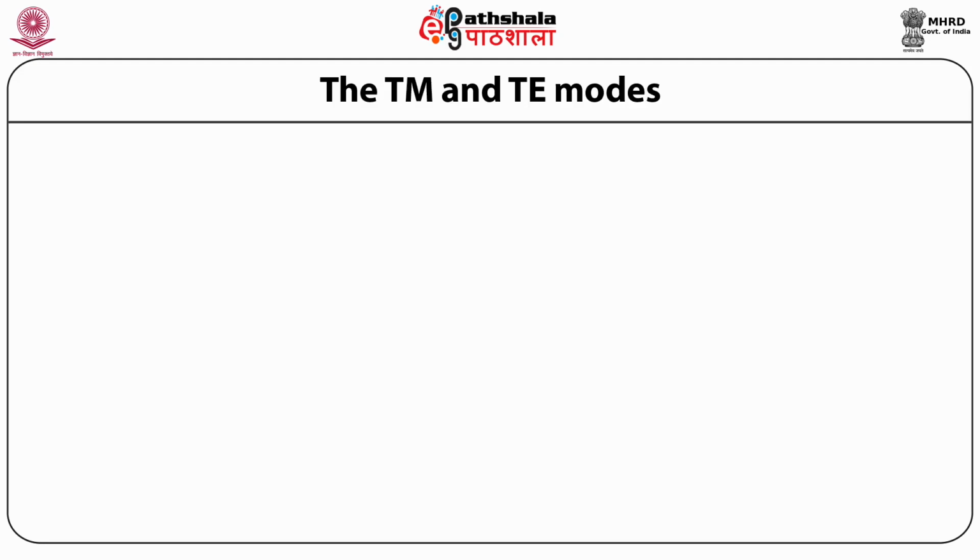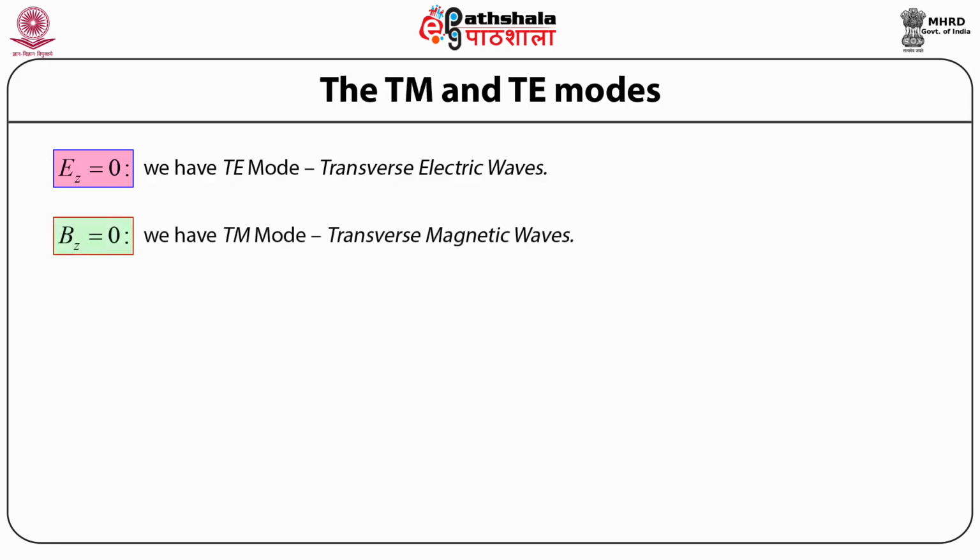So in case of transverse electric fields, we put the longitudinal component of the electric field, Ez, going to 0, and these are called the transverse electric waves. Similarly, if the longitudinal component of the magnetic field induction vector, Bz, goes to 0, then the corresponding waves are termed as the transverse magnetic waves.